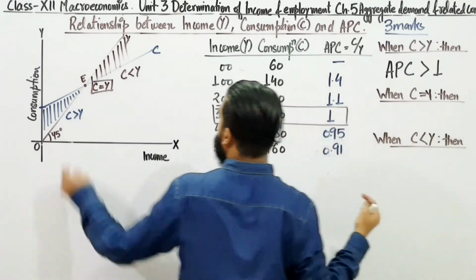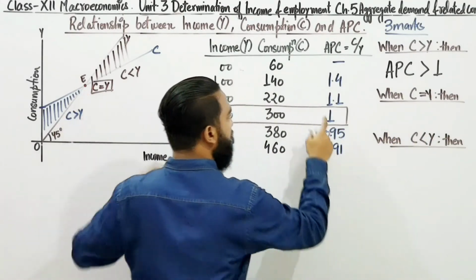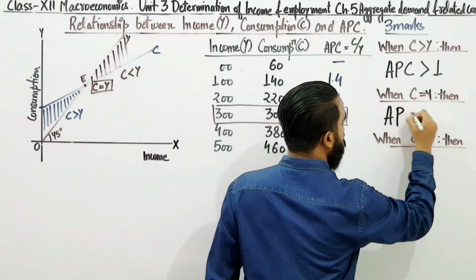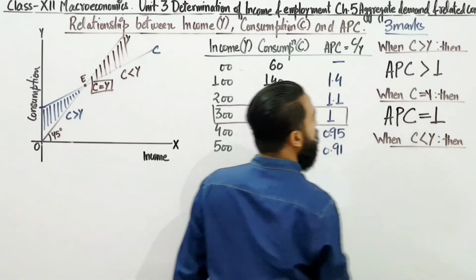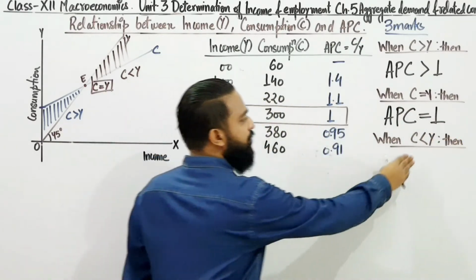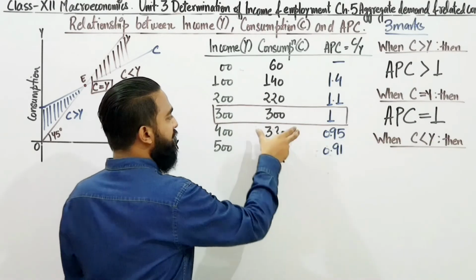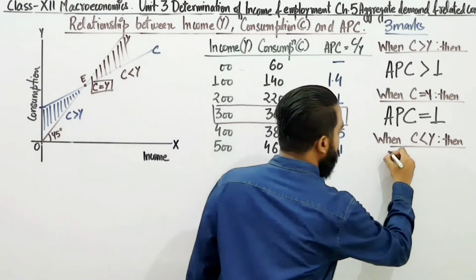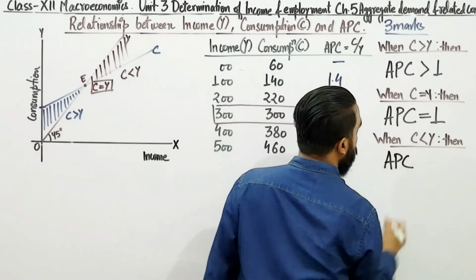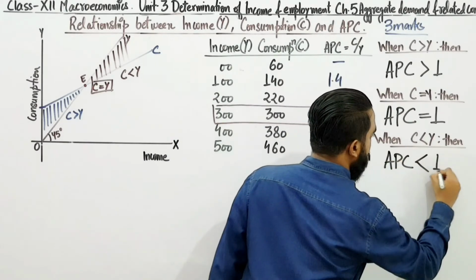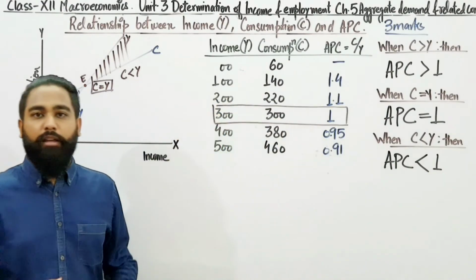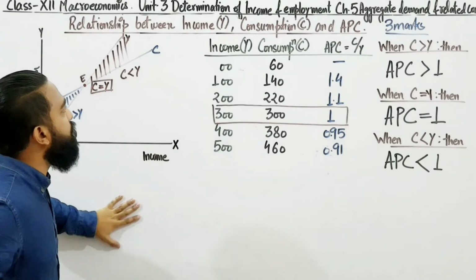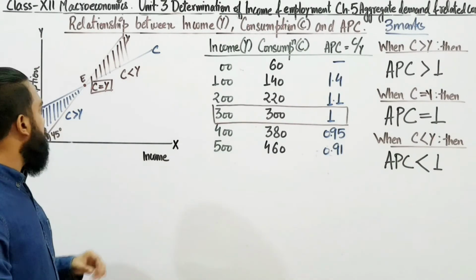When consumption is equal to income, the value of APC is equal to 1. And when the consumption's value is less than the income, in that case the value of APC will be less than 1. As you can see here. So that is the relationship between income, consumption and APC.